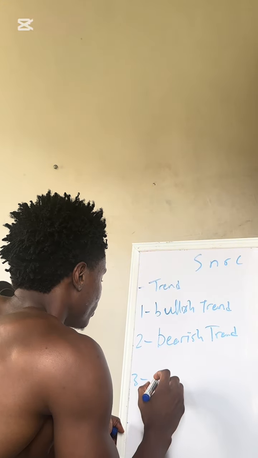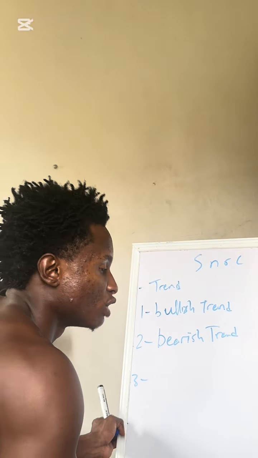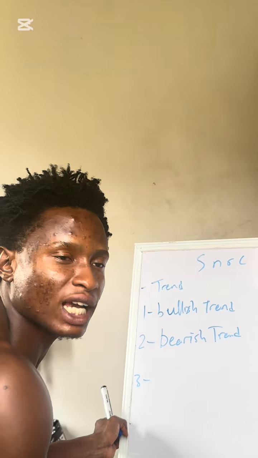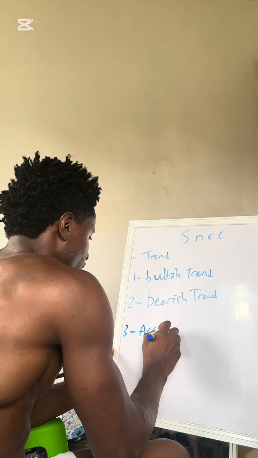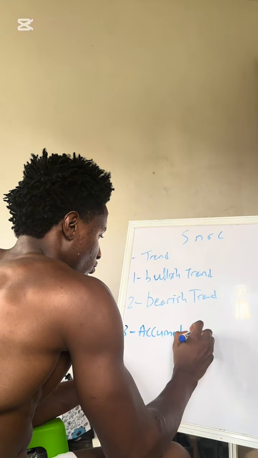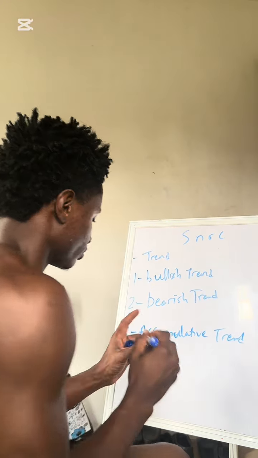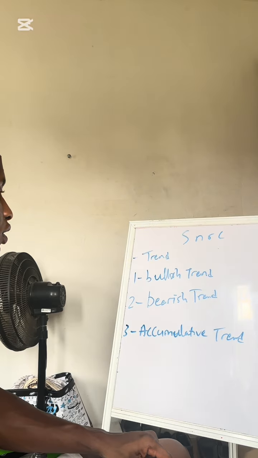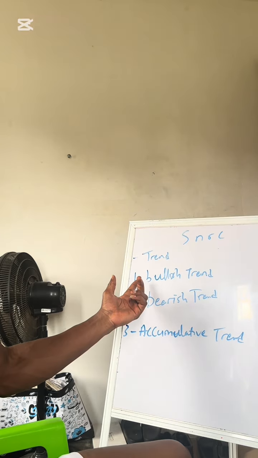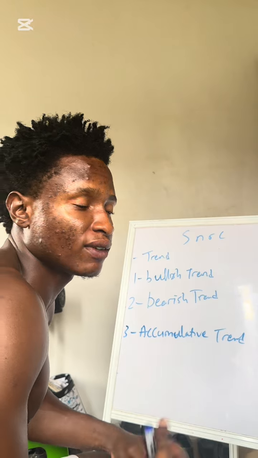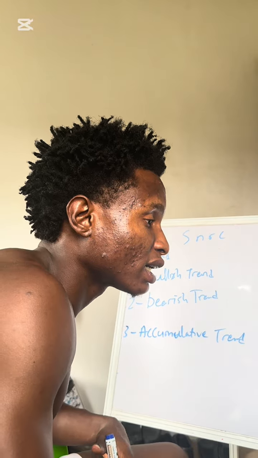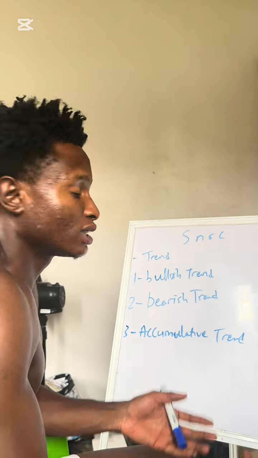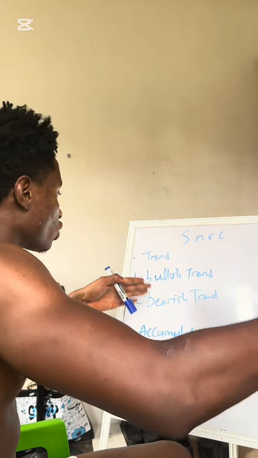Then third, a lot of people call it accumulation, consolidation, but you guys will understand what the accumulative trend is. These 3 trends are what we call the movement of the market. Whenever you hear what is the current movement of the market, they are asking what's the current trend of the market.